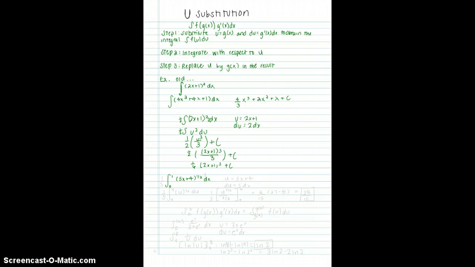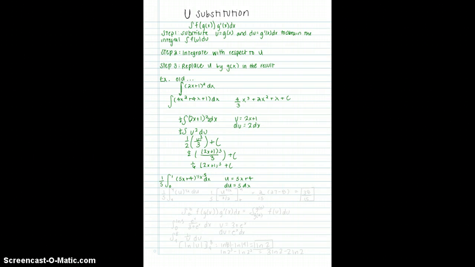First you want to figure out what u is, and u will be equal to 5x plus 4. You take the derivative of u, which is 5 dx. So to get the du into the original equation, you multiply by 5, and then multiply 1/5 on the outside.